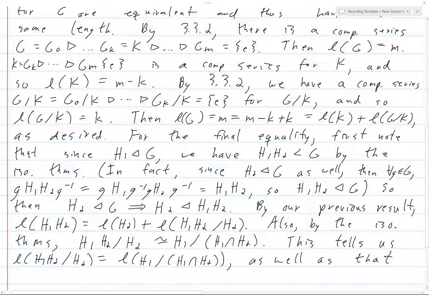More precisely, this implies that H1 intersect H2 is a normal subgroup of H1, because it's H1 mod this intersection. So the intersection is normal in H1.